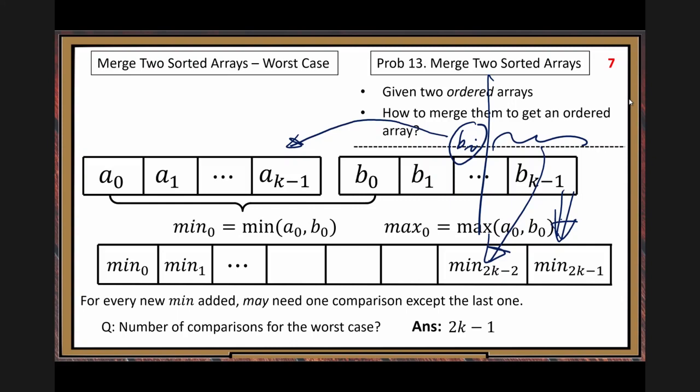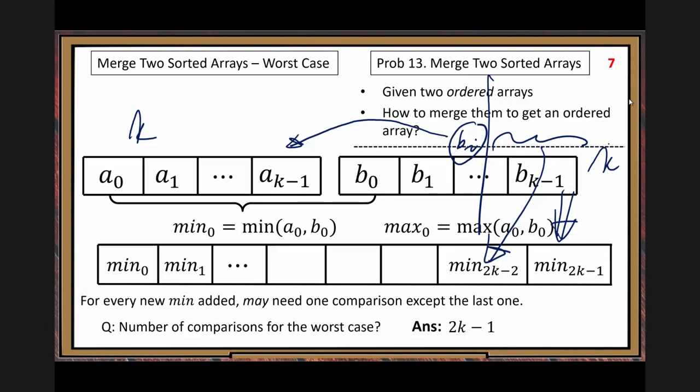Or you can view it this way. What is the total number of elements? The A subarray has k elements, and the B subarray also has k elements. K plus k is 2k, so in total we have 2k elements.